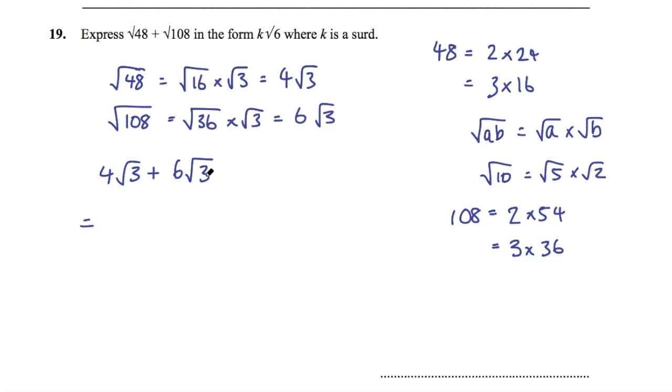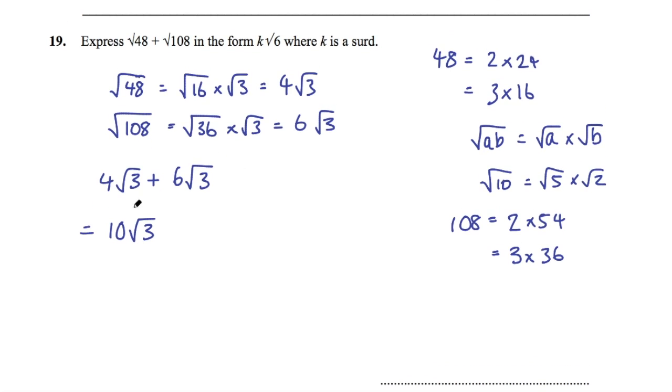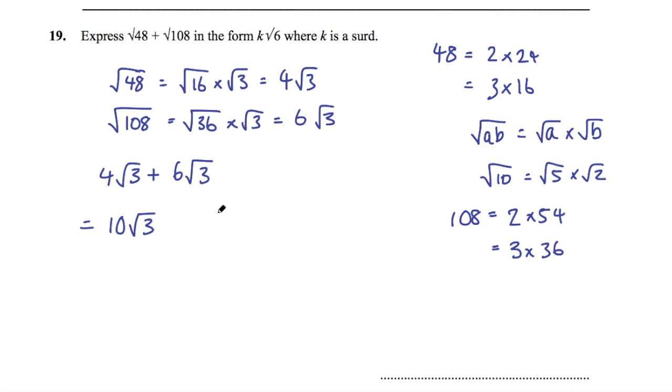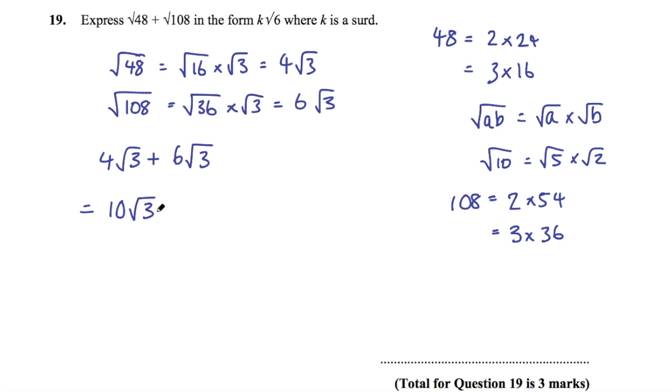And then we can add those together because they have that common element of the square root of 3. So I can add those together and I'll get 10 lots of the square root of 3. Now that's in its simplest form, but we need it with a square root of 6 in it. So how can I change this square root of 3 into a square root of 6? I can multiply it by the square root of 2. But in order to not change this expression, I need to multiply it by the square root of 2 divided by the square root of 2.